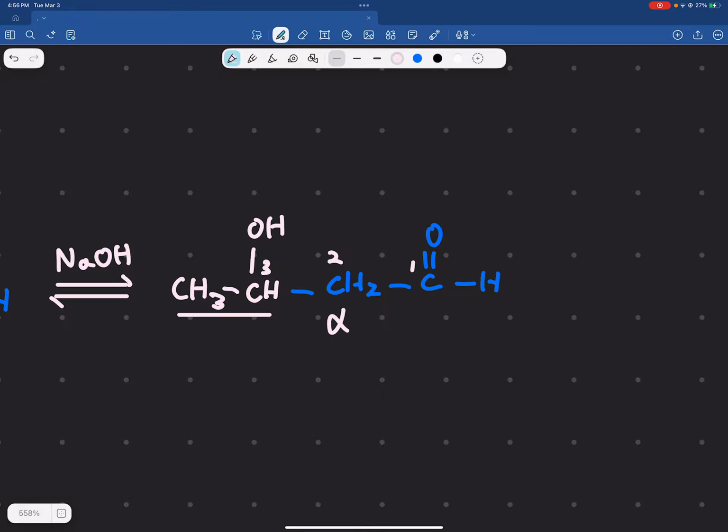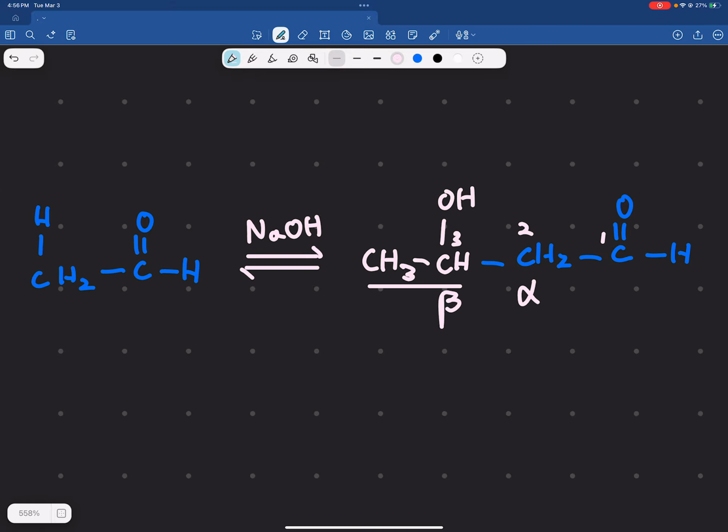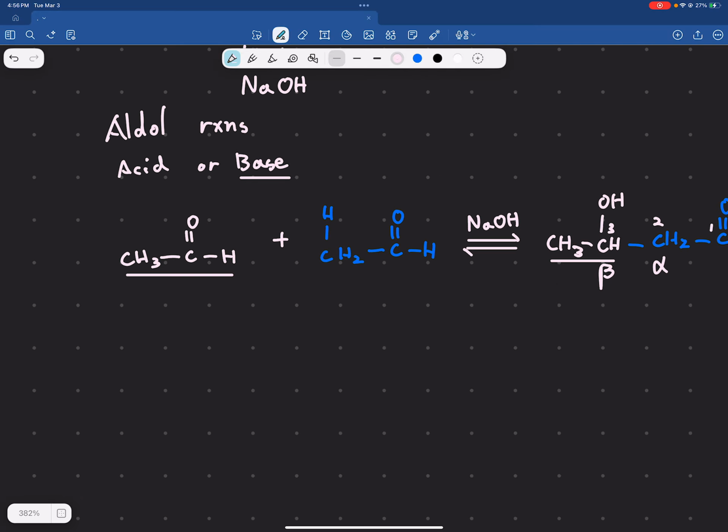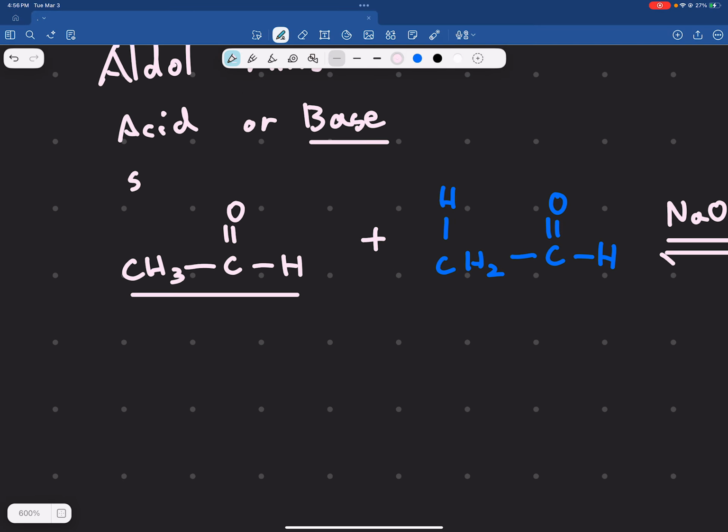This is the alpha carbon, the first carbon adjacent to the carbonyl group, and this will be the beta carbon that will be attached to the second compound through Aldol reactions. This is an example of a self-Aldol reaction because both of these are the same compounds.